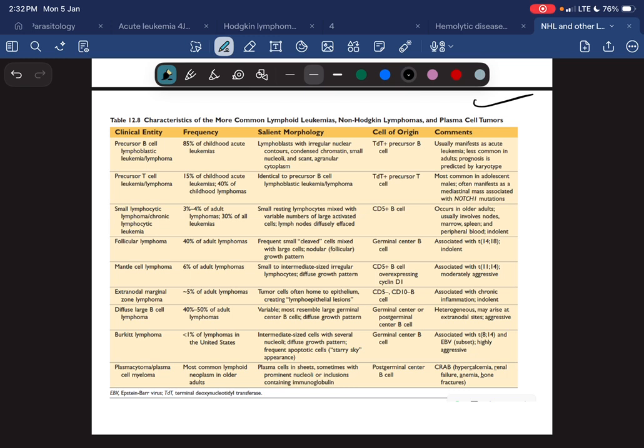Okay, extranodal marginal zone lymphoma related to inflammation, diffuse large B-cell lymphoma, the aggressive tumor, Burkitt lymphoma, an aggressive tumor with starry sky appearance on histology, and plasmacytoma or multiple myeloma, a plasma cell neoplasm with CRAB manifestations. We said one of them with more than 10% plasma cell infiltration in the bone marrow.